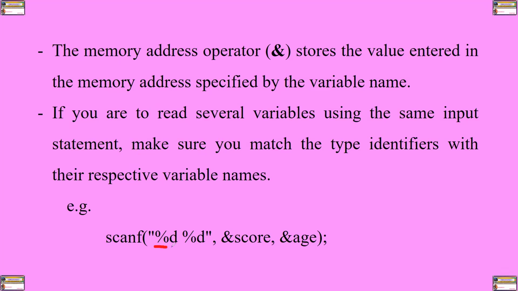So the first type identifier will be for the first value, and the second one will be for the second value. That arrangement is key, so that the correct data is read and the values stored in the appropriate memory locations.